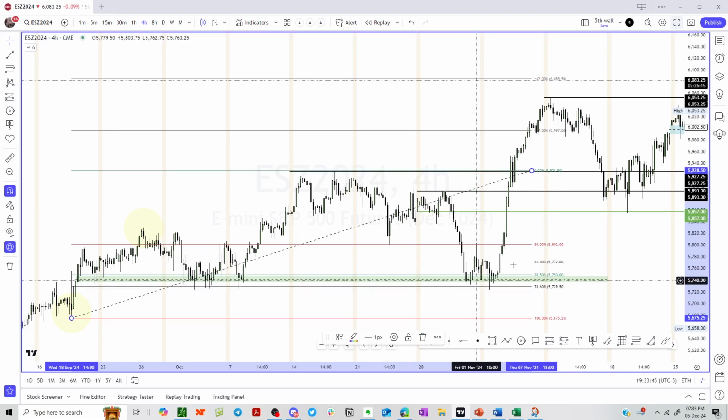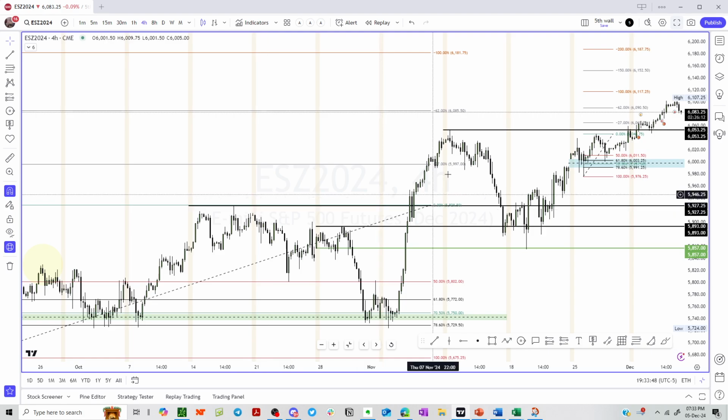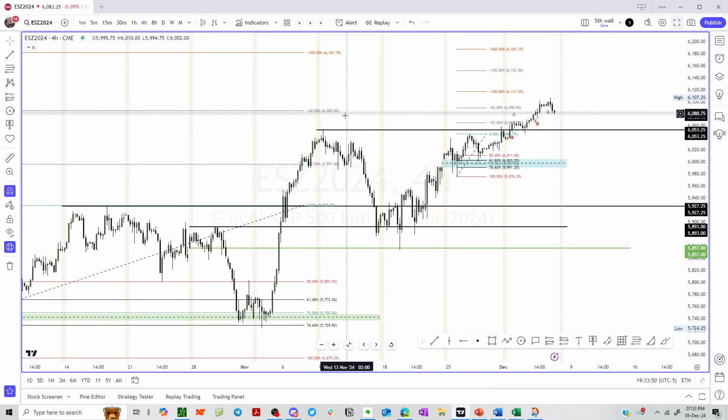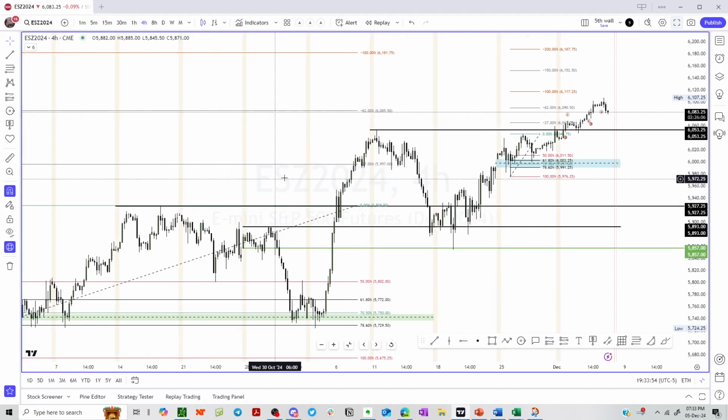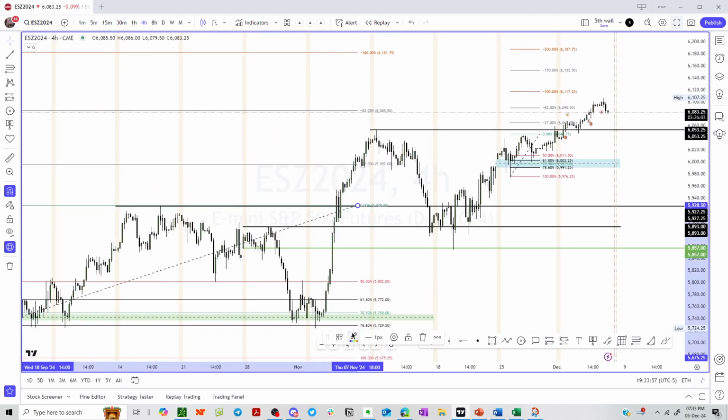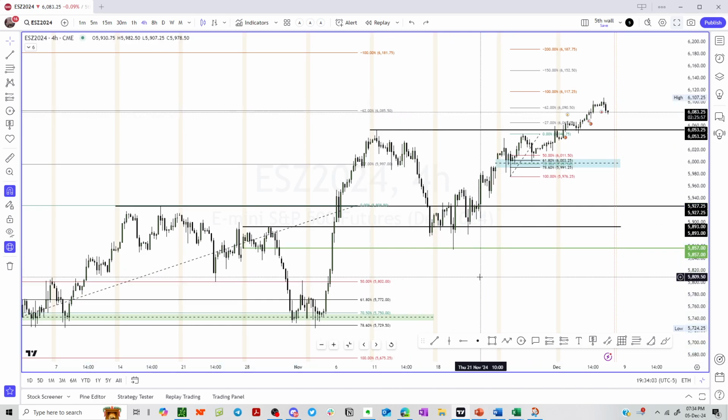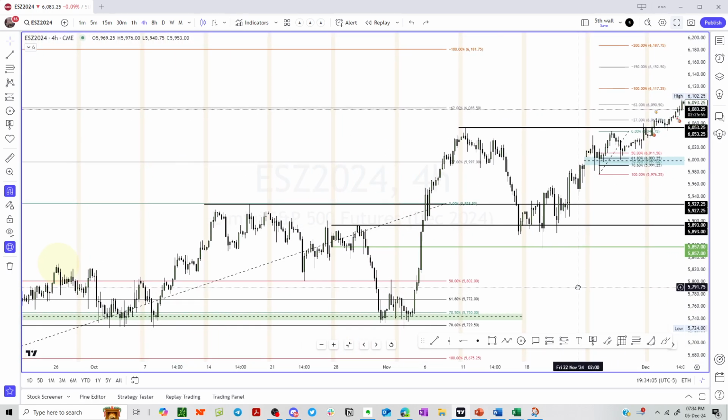Optimal trade entry, beautiful. And it just goes on. Negative 62%, that's target 2.